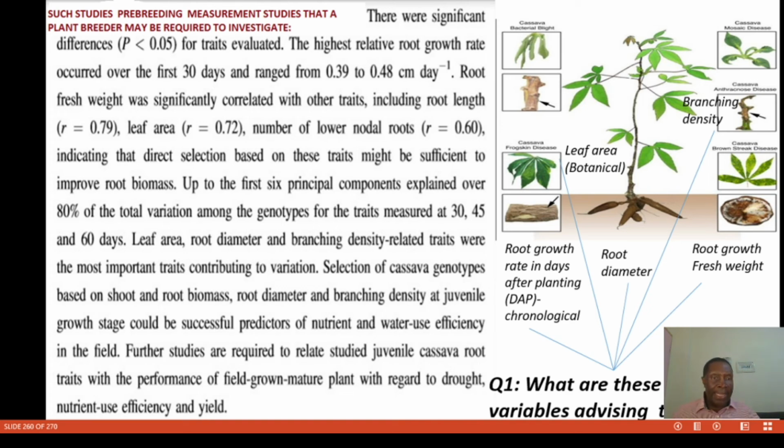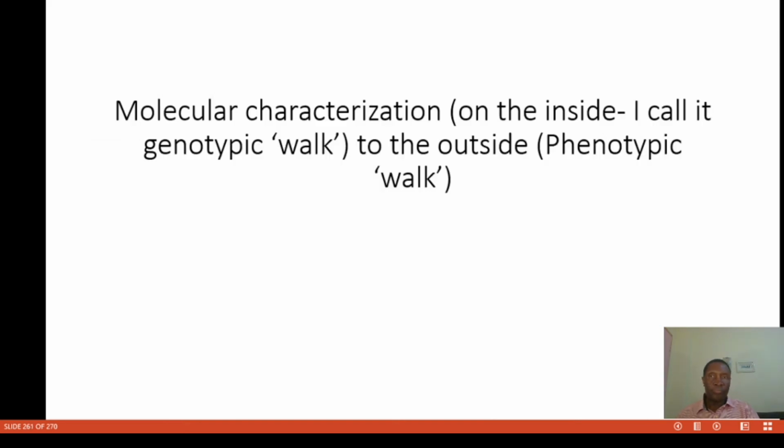And I would like you to go back to your notes and read this particular slide, and you see other aspects that are brought in with respect to the important traits that contribute to variation.